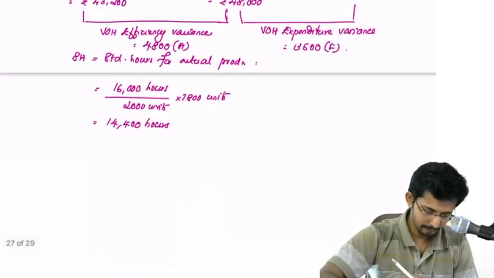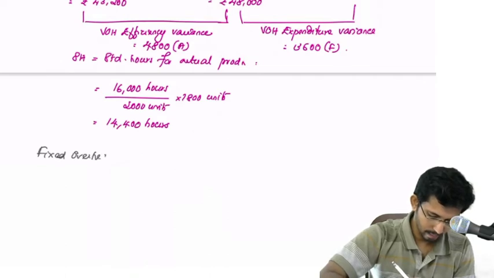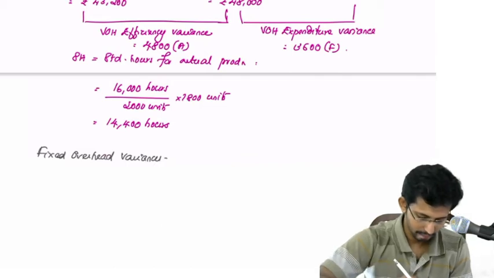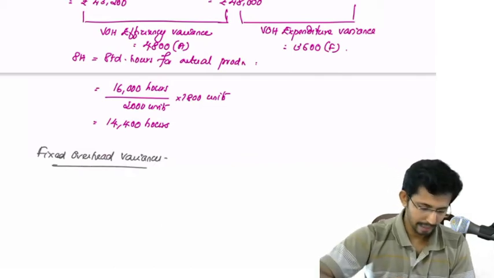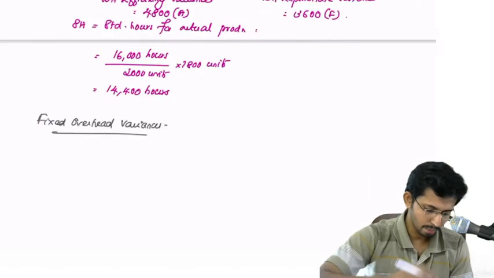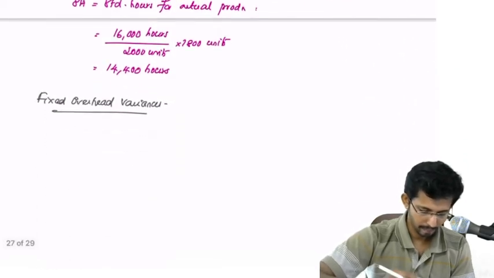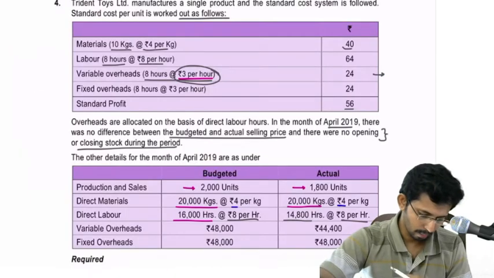Now next is fixed overhead variances. Here also you just need to compute the base level variances, nothing more or nothing in detail. So what would be the formula? Here FOH is also absorbed on the basis of what?